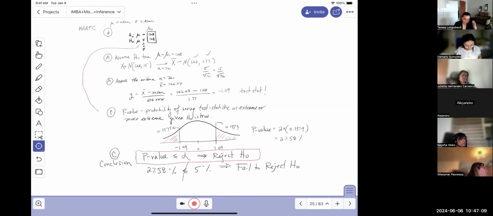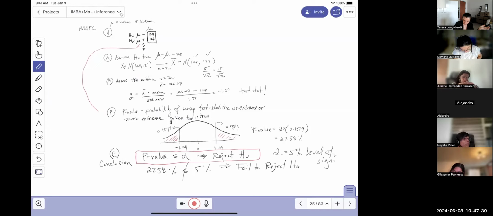If we're checking if it's less, greater, or not equals, it doesn't matter. This is always the rule, and we usually use alpha of 5%. We allow the chance to be 5%, but not more than that. So we fail to reject.